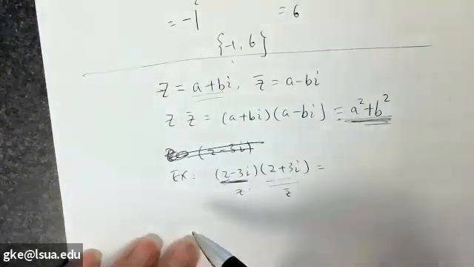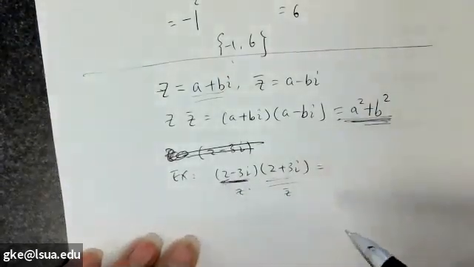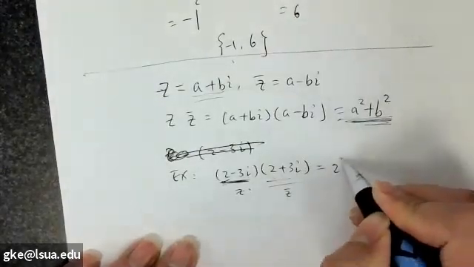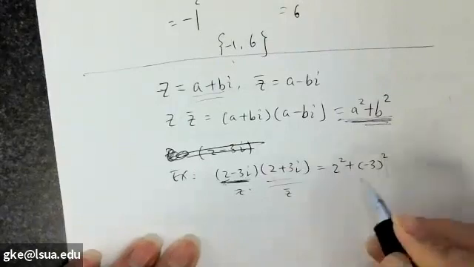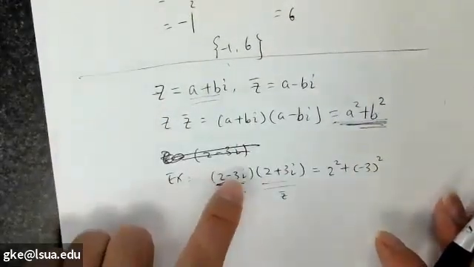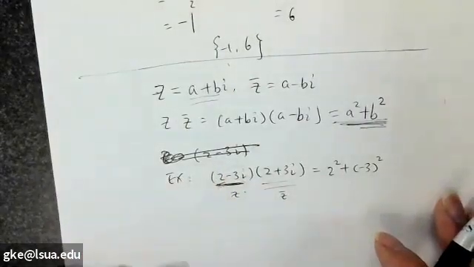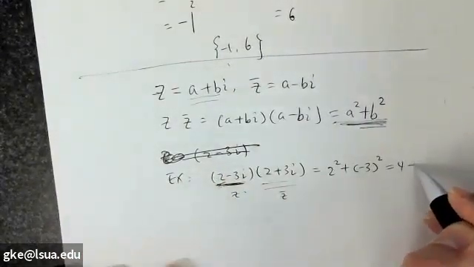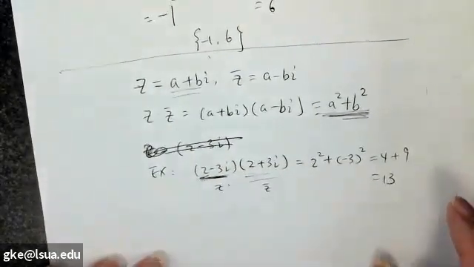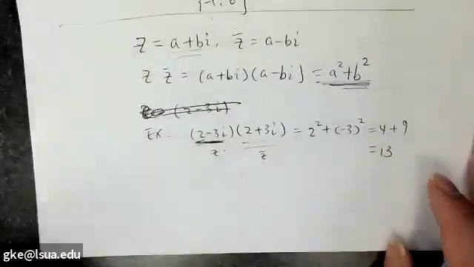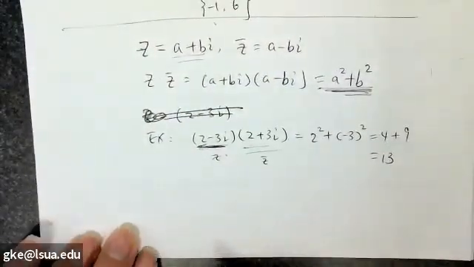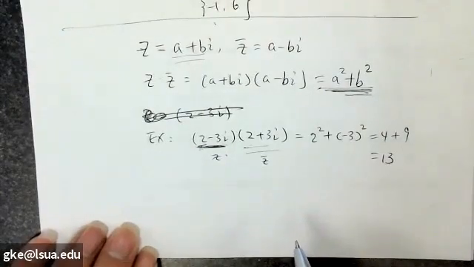It's a negative, okay? 2 squared plus negative 3 squared. Don't give me the 3, it's a negative. 13, okay? It should be very straightforward, as long as you know what is the real part, what is the imaginary part, okay?